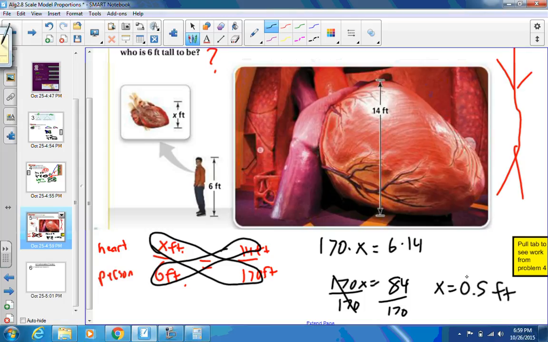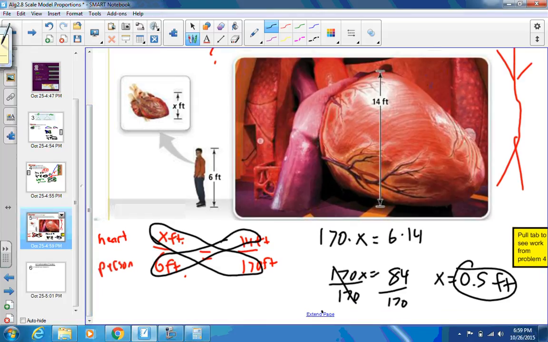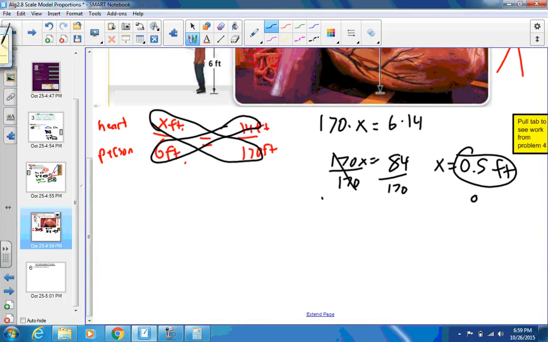So that would mean that if a person is 6 foot tall, the height of their heart would be around a half a foot tall. So 6 inches. And that would probably be a better way to say it. If it's a half a foot tall, you could say 6 inches.